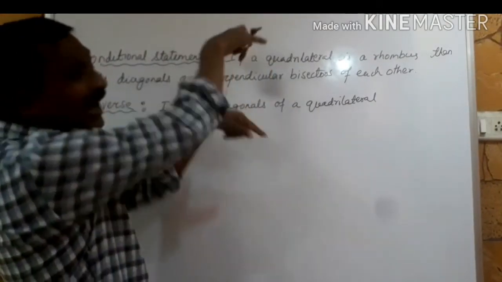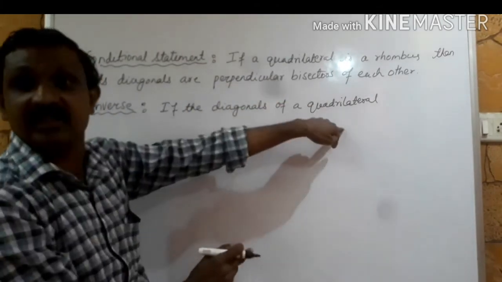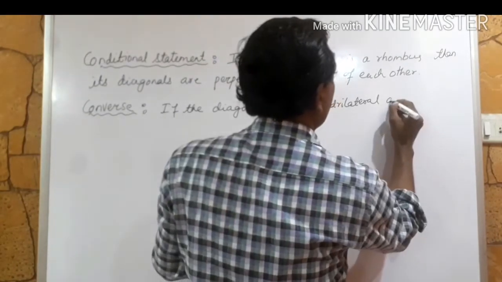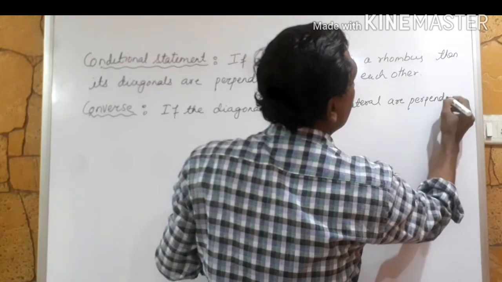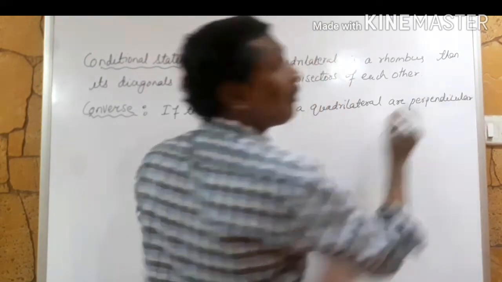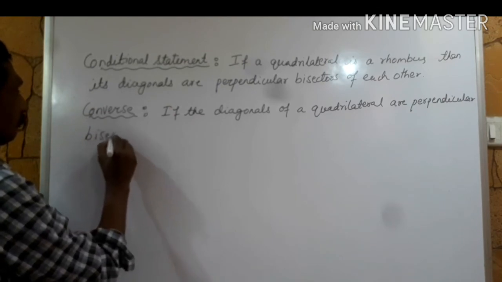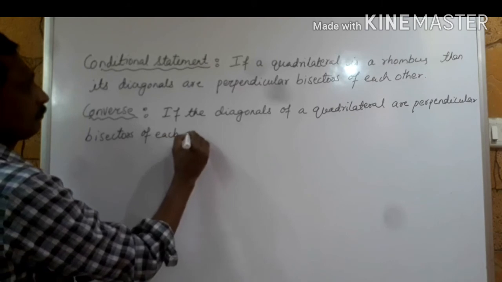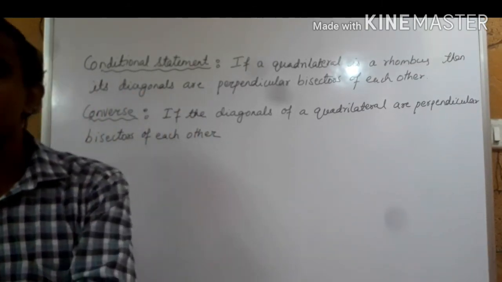I just told you to interchange: if the diagonals of a quadrilateral are perpendicular bisectors of each other, then it is a rhombus.